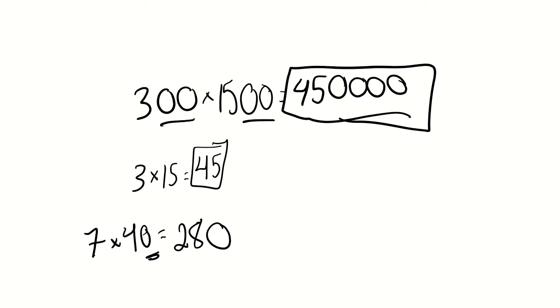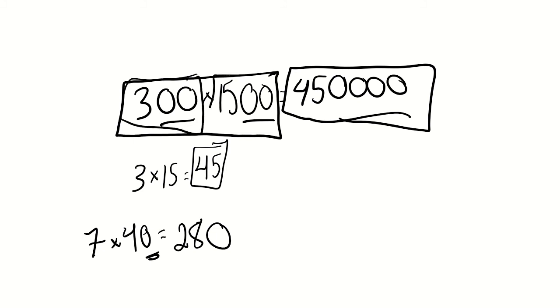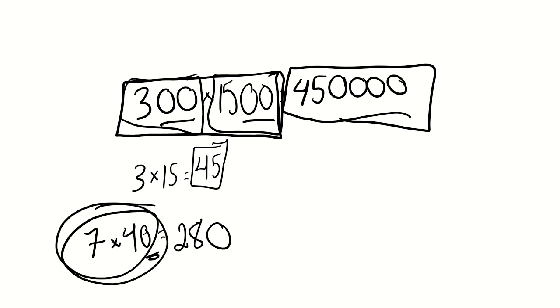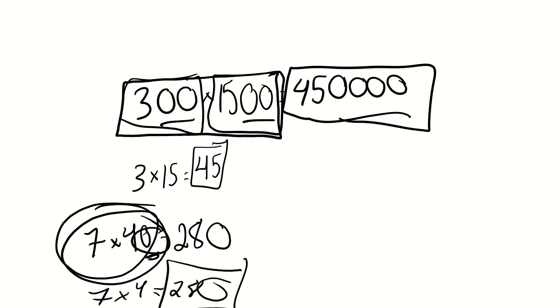Then they progressively get a bit more challenging, and the last 10 or so will be these sort of scenarios where both of the numbers have zeros. But guess what? It's just as easy as this one, because you just do the same thing. You take away the zeros, find the answer, count the number of zeros, and just add it.